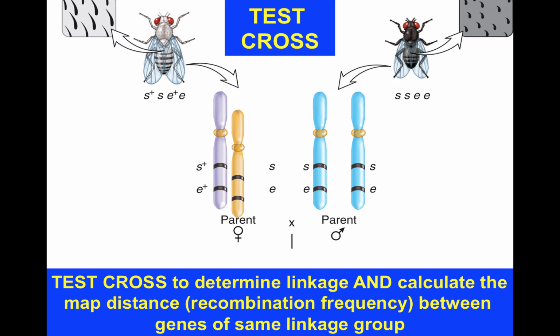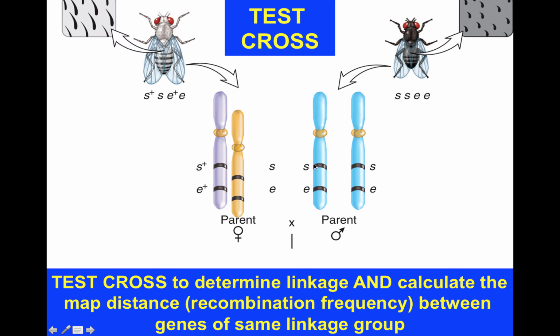One important cross that we need to perform when we're using recombination to map genes is a testcross. In Drosophila, males do not undergo genetic recombination during meiosis. It just doesn't happen. The only meiotic recombination that occurs is in female flies.